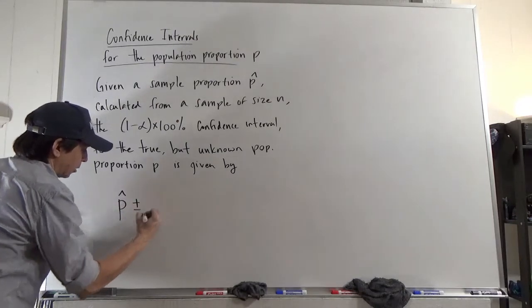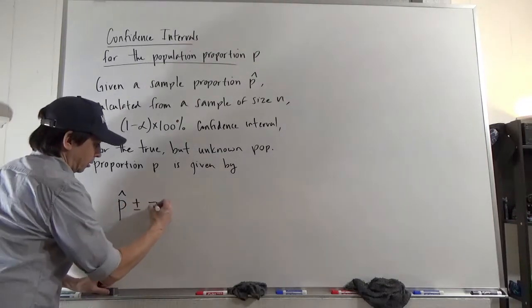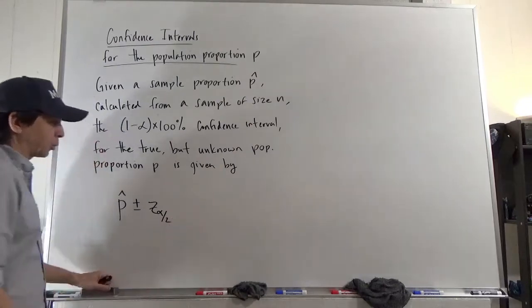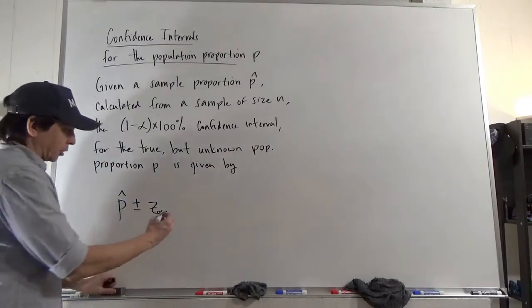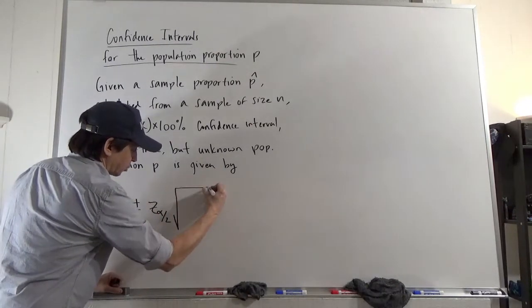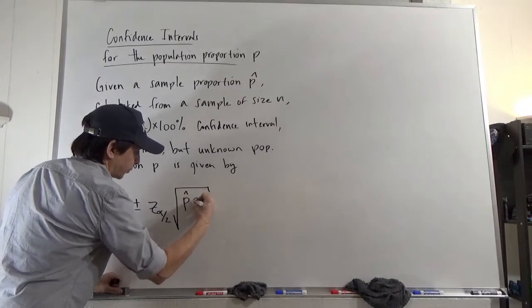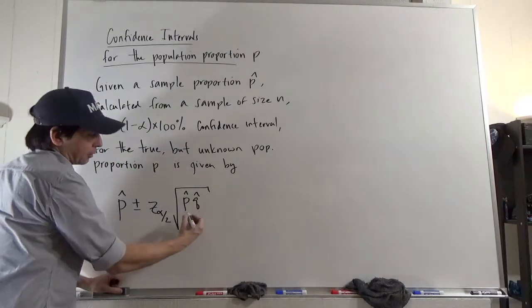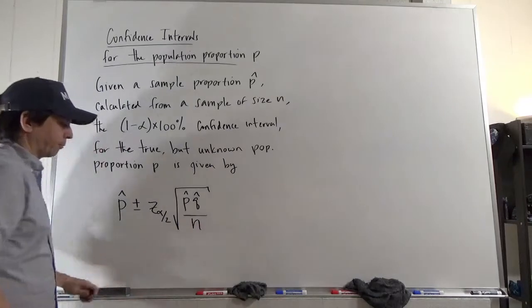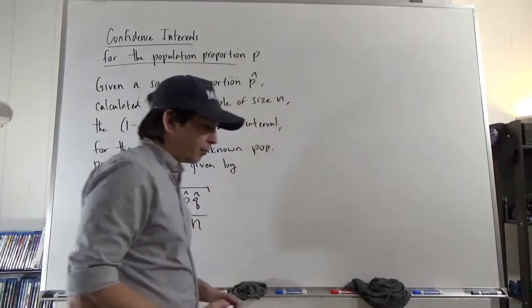It's P hat plus or minus Z alpha over 2, that critical value that we've just spent some time figuring out how to find, times the square root of P hat Q hat, which is 1 minus P hat, divided by n. That's your confidence interval formula.